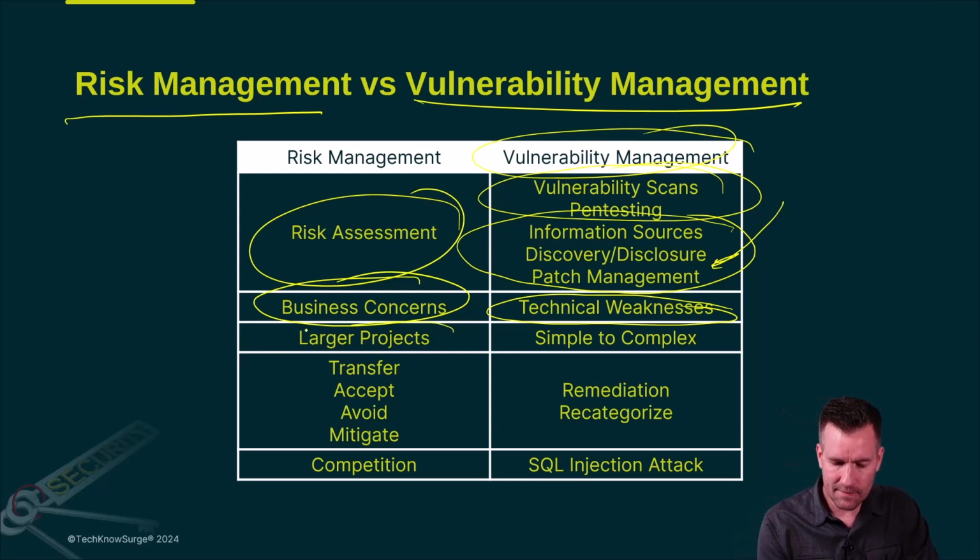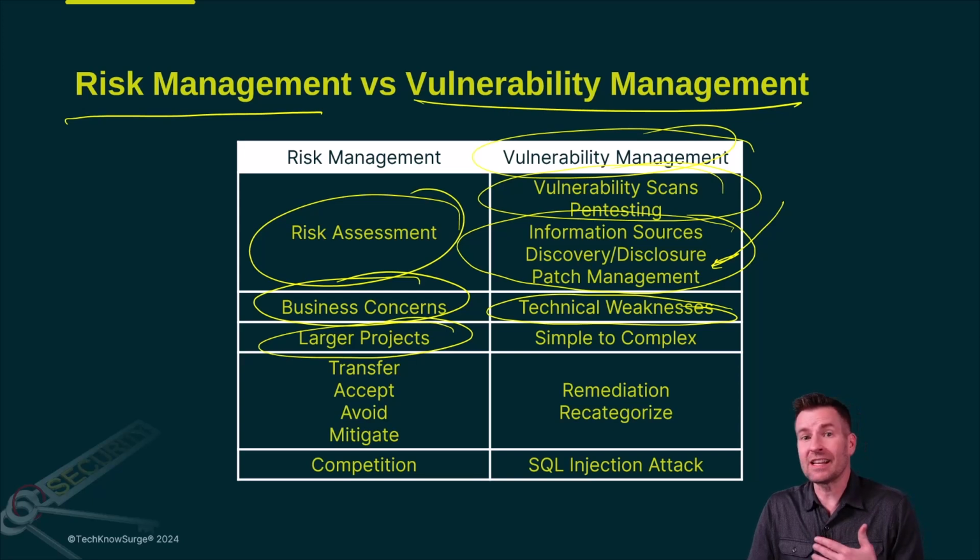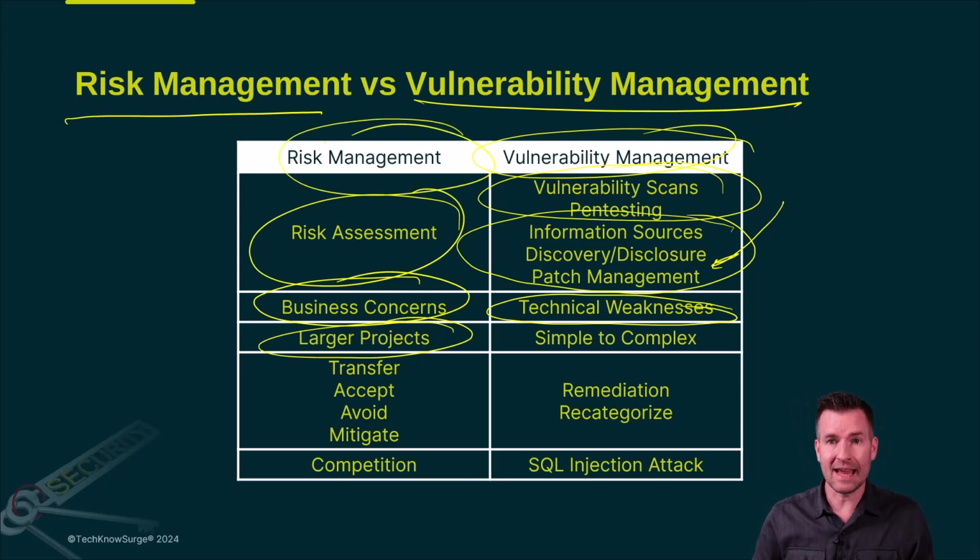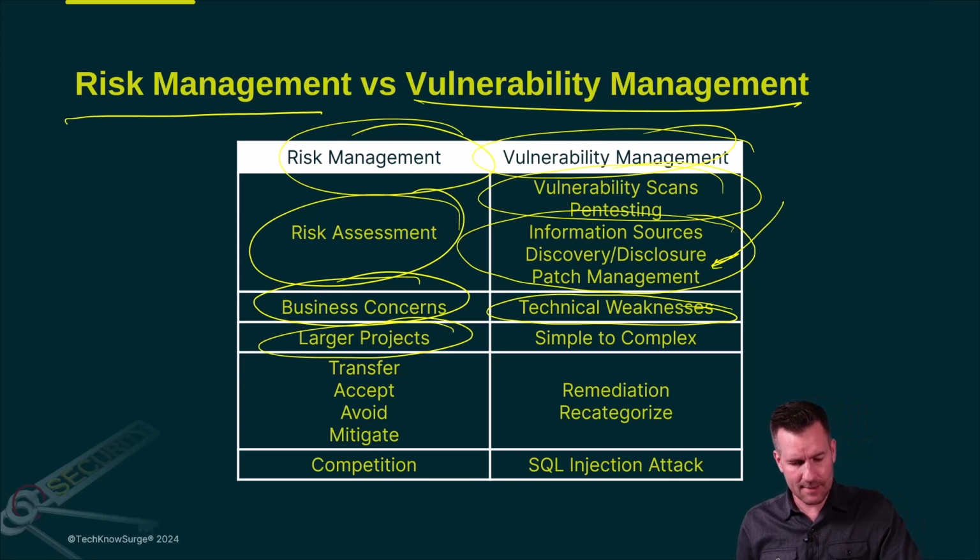When it comes to risk management, they're generally larger projects to fix and mitigate these risks. Versus vulnerability management, we're looking at more simple, to maybe more complex, but generally more simple fixes. I've definitely had some projects that would fall under vulnerability management.